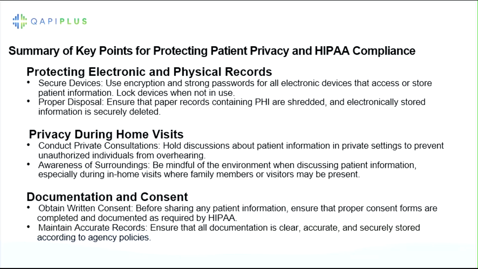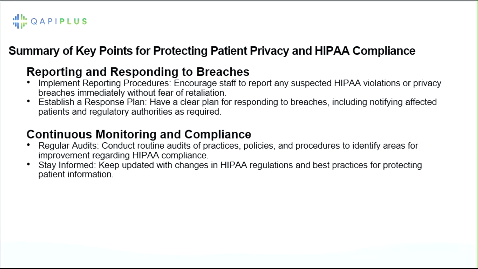And then make sure that we have all those documentation pieces in place, the consent forms, the signed consents, anything that needs to be updated, who we can share that information with. Our records need to be clean, right? Make sure that you have a process for reporting and responding to breaches.